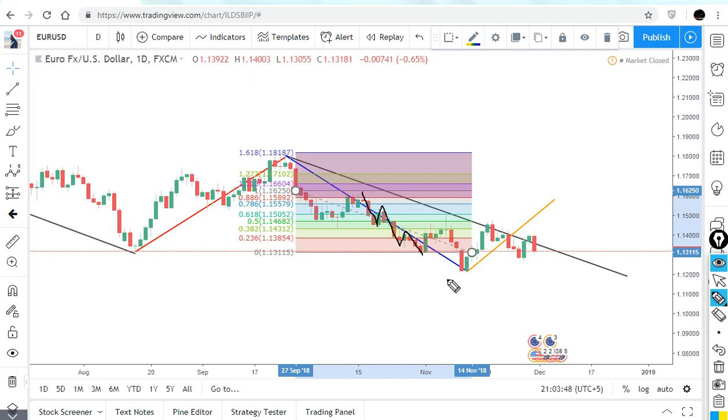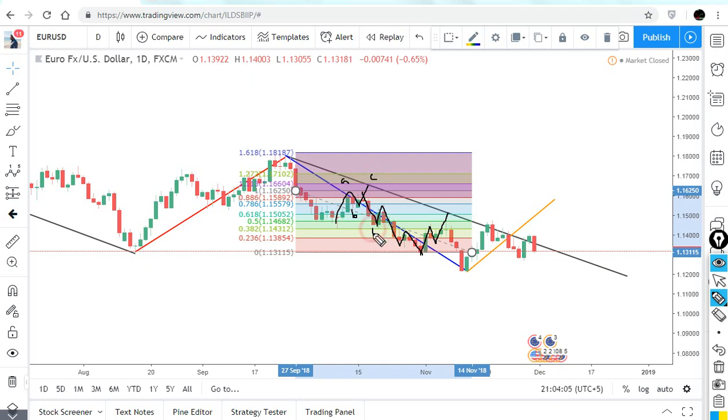You see this, guys? And in the correction part you will see the zig and zag, right? In this correction part you also see this zig and zag. This is called ABC.